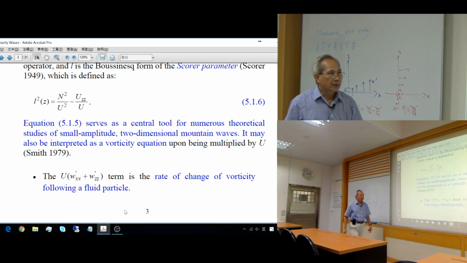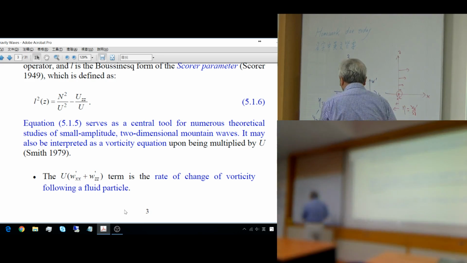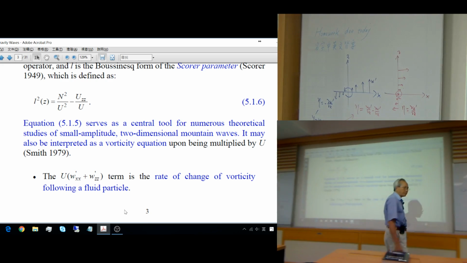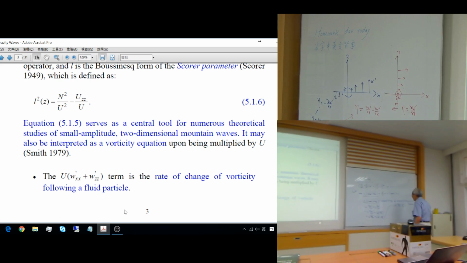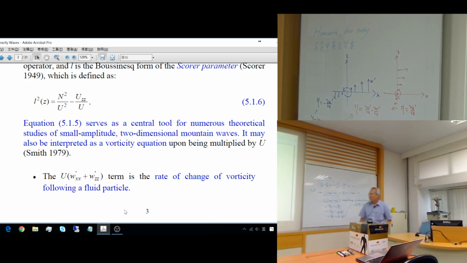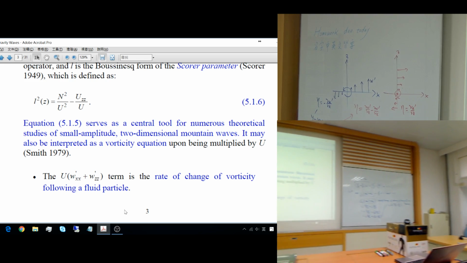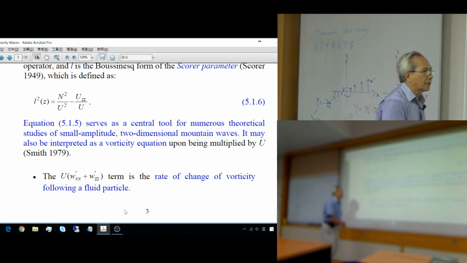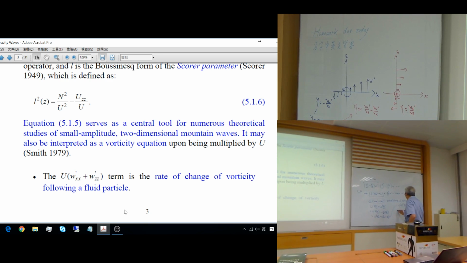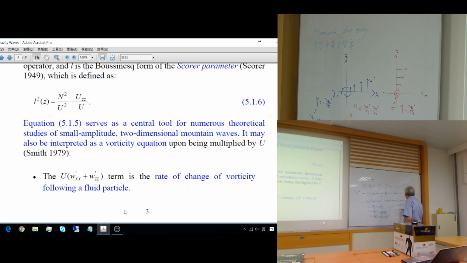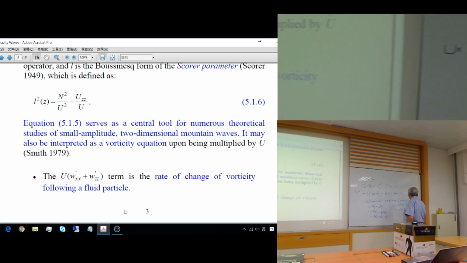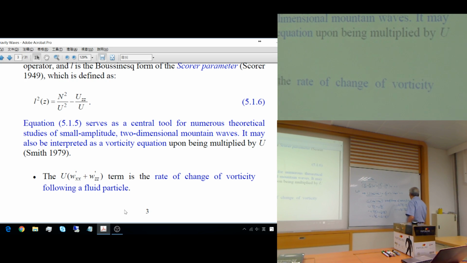Okay. So basically this term actually equals negative u d/dx of partial u prime partial z, minus partial w prime partial x.